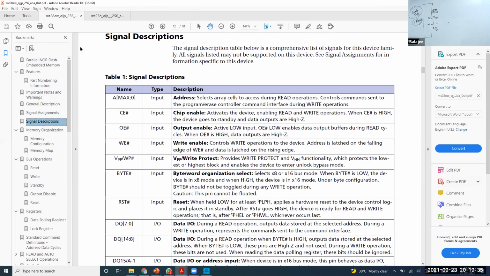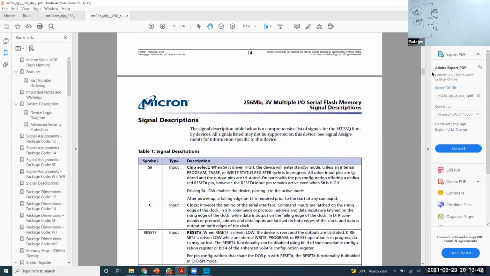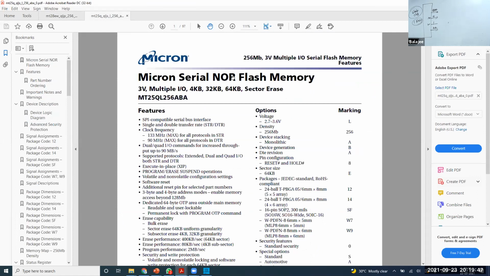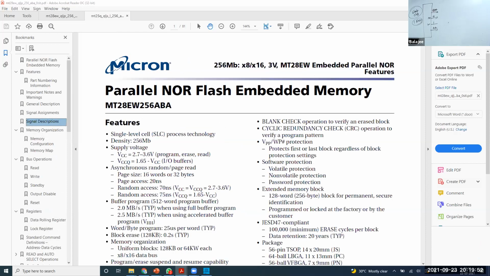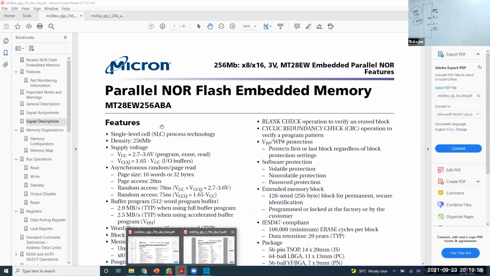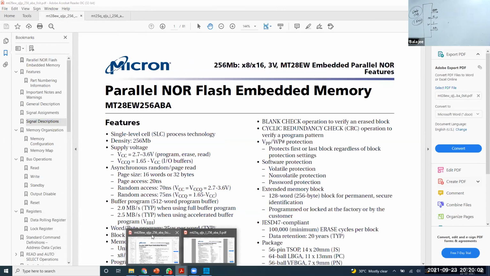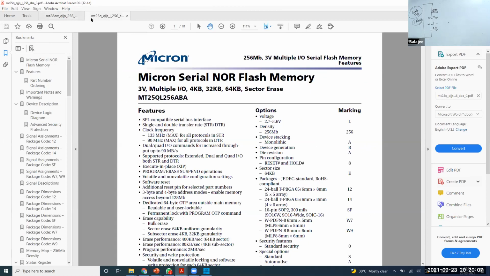There were three types. One is parallel NOR. The other one is, see this, serial NOR. And the third one is... hey, what happened? I'm calling the same thing. Serial NOR, parallel NOR.